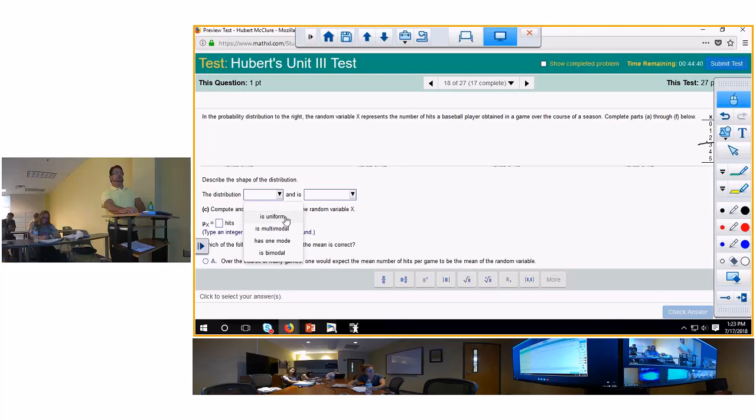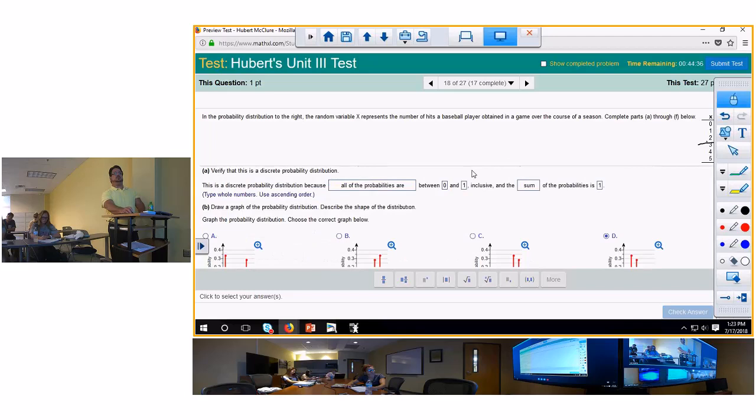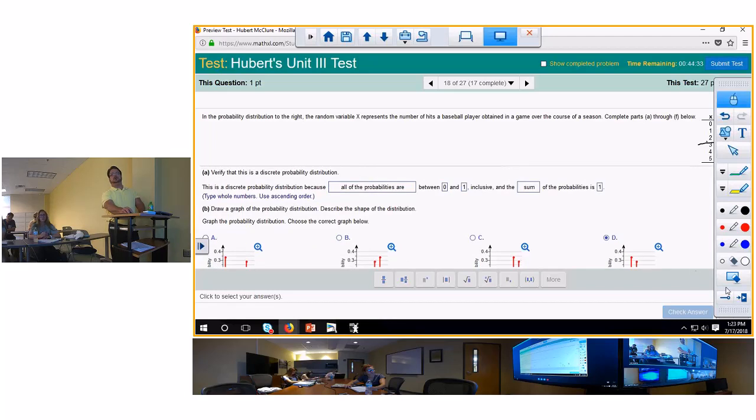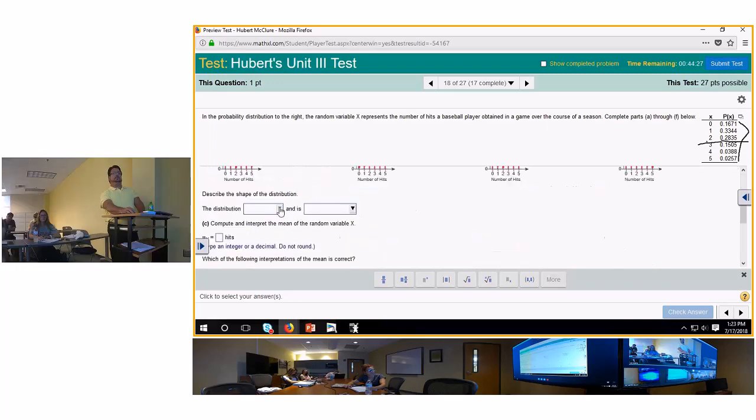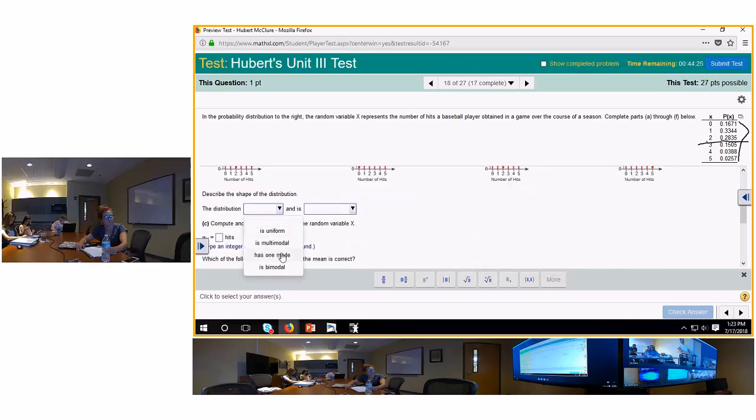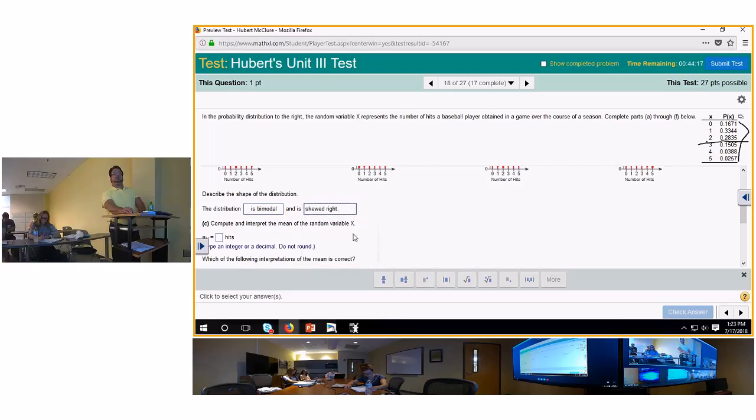It's not uniform. Multimodal. Modes. I don't think we got a mode, do we? Not anything in there that repeats. So I would say bimodal. I have no idea. And it is skewed right, which means all the data is on the left.